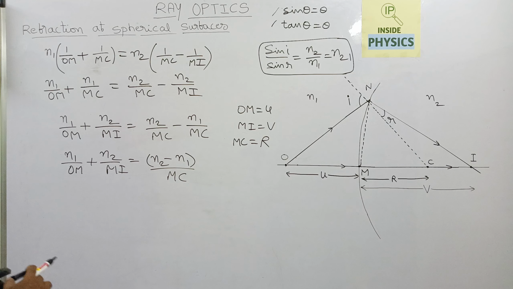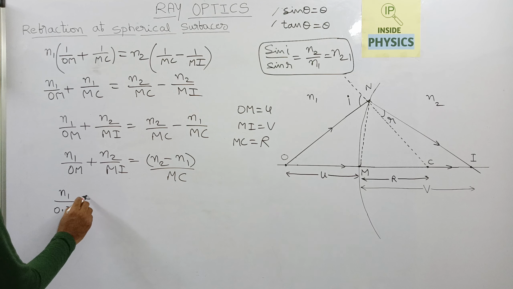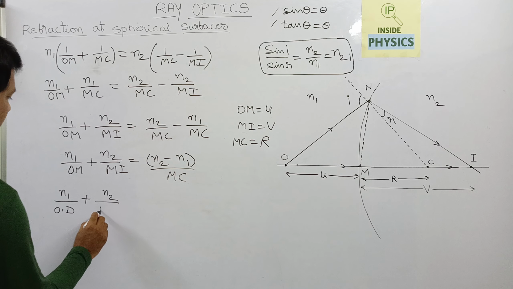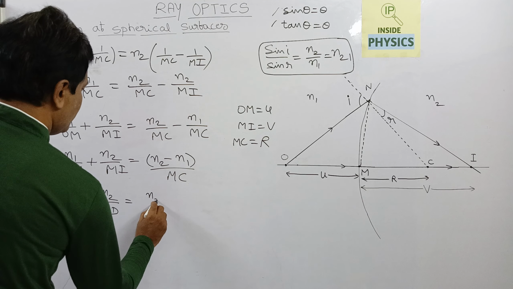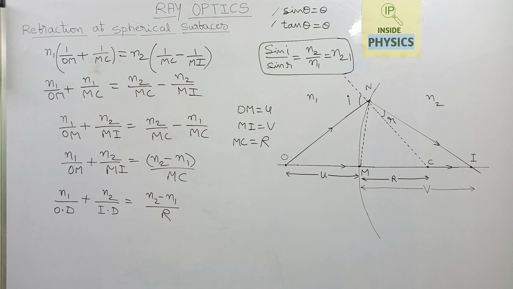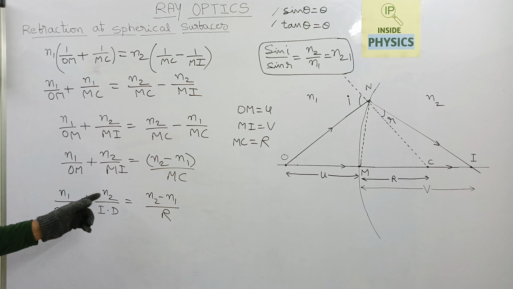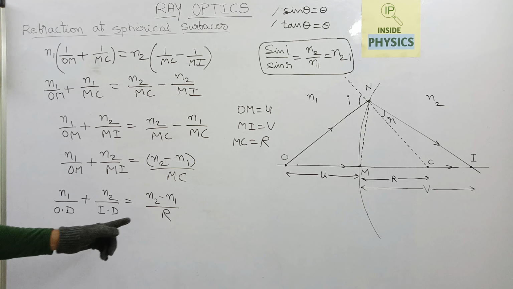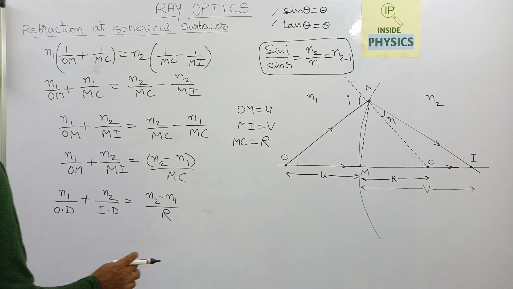So now we can write this one as N1 by object distance plus N2 by image distance is equal to N2 minus N1 by radius of curvature. See, N1 by OM is object distance, N2 by image distance, N2 minus N1 by R.